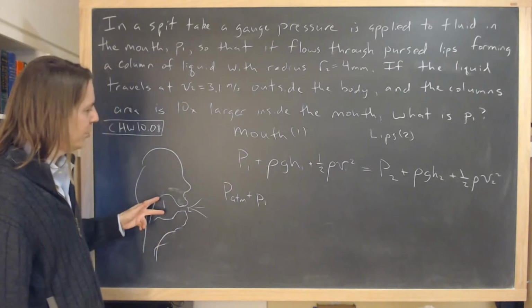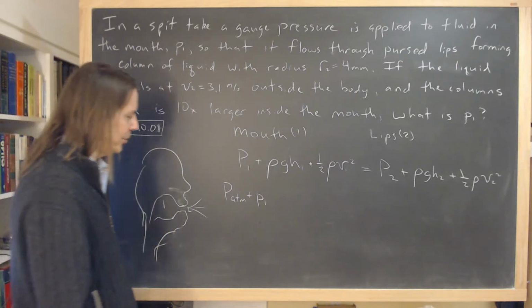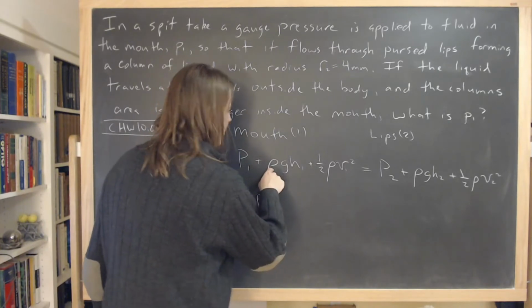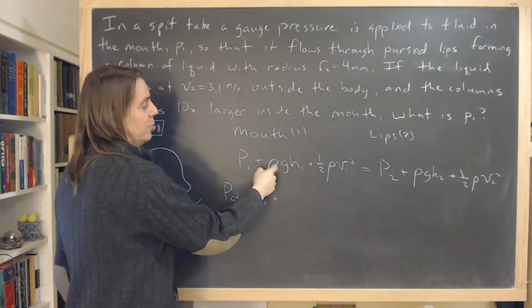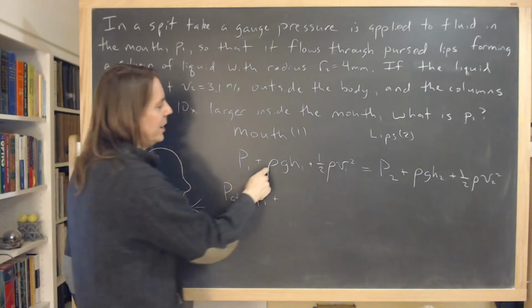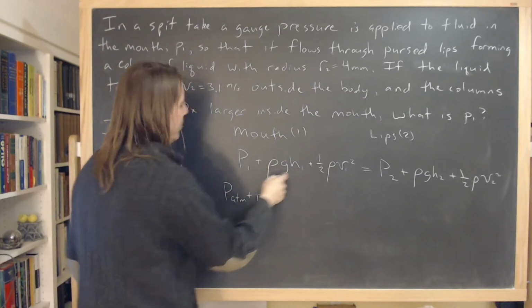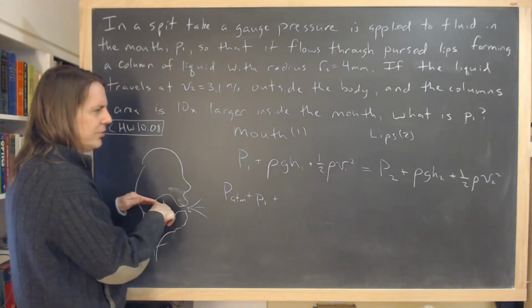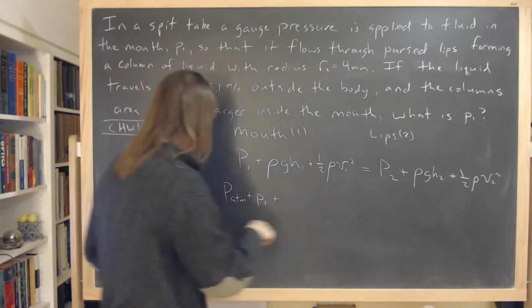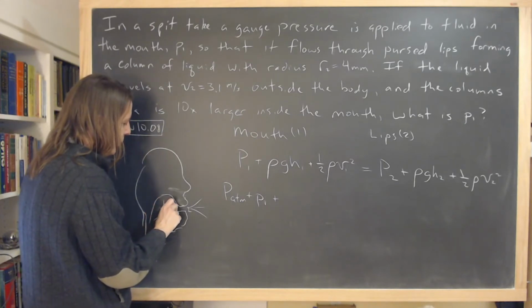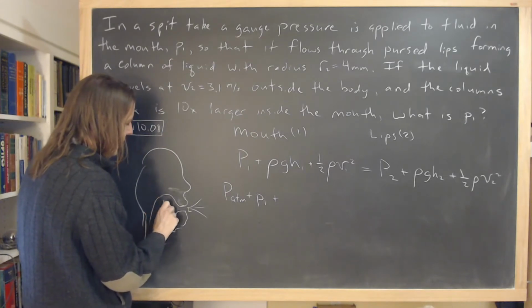It's the gauge pressure we're applying, plus atmospheric pressure, plus rho g h1. We do know these two numbers: we know the density of water, since we're assuming this is water, and we know g. But here we have h1. We weren't really given a height, and also notice over here, we weren't given the height here. When you think about flow, you think about the center of the flow, and you could draw a line like that if you start thinking about the heights.